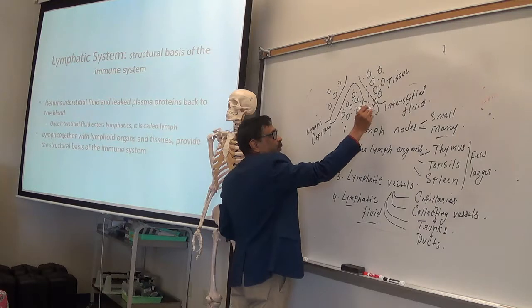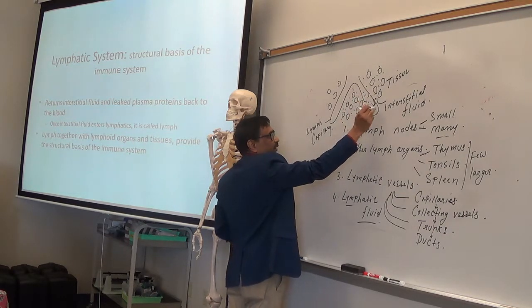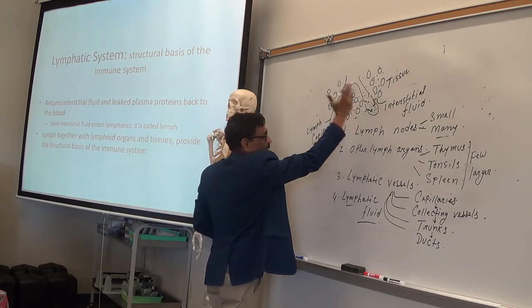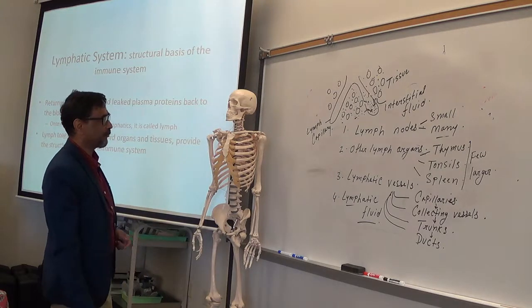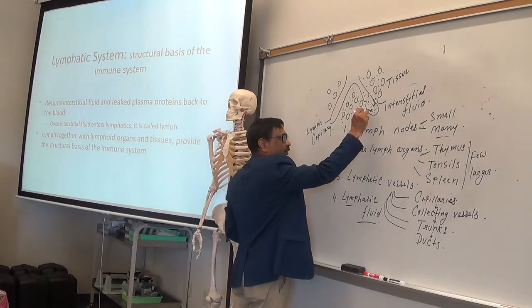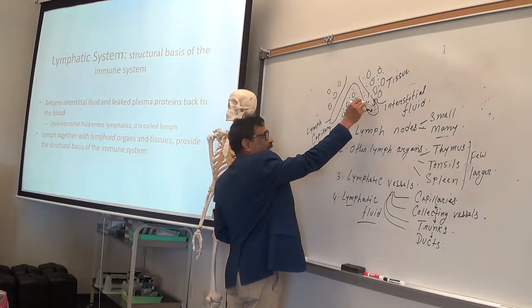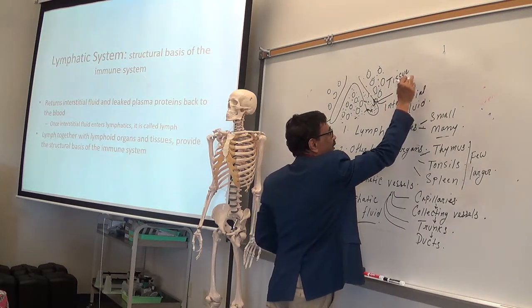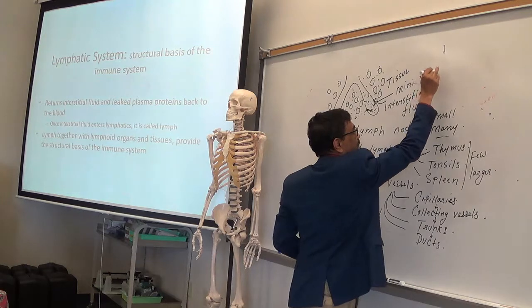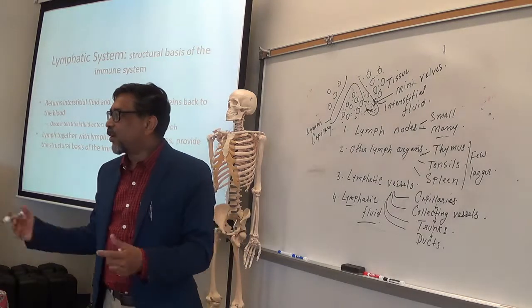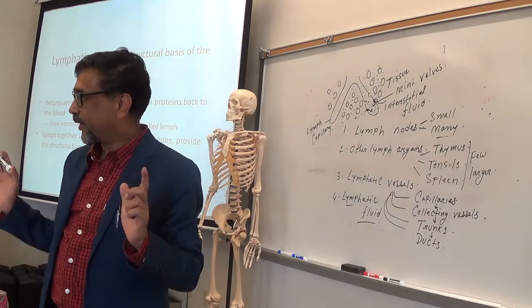And that interstitial fluid is the lymph fluid. So basically, lymph fluid is the interstitial fluid that enters from the tissue to the capillary. But that fluid cannot get out because the valve only opens inwards. If it tries to get out, it will close. So these are the mini valves. That's how the fluid enters into the lymphatic system.